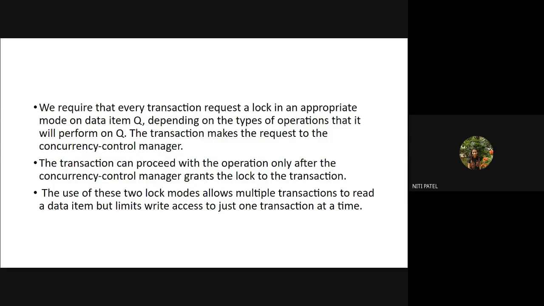Again, if transaction T2 wants an exclusive lock on data item Q, it has to first make a request to the concurrency control manager. After the request is received, it will then grant that exclusive lock on data item Q to the transaction T2. So who is responsible for granting the locks? It is the concurrency control manager.